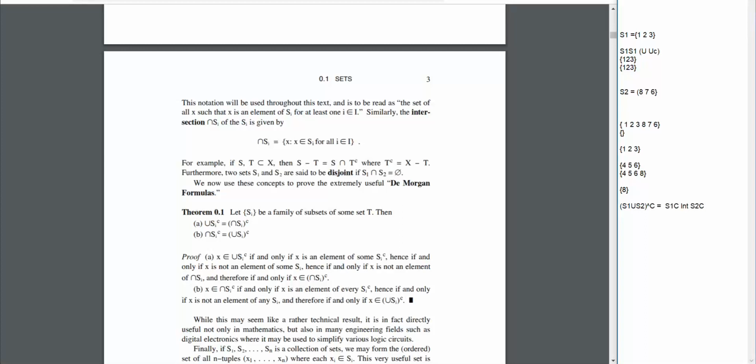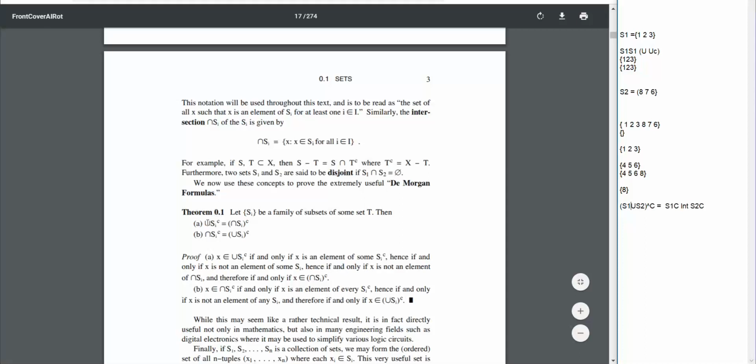You basically negate all of the elements within the sets. So you just go and distribute all of the complements. As you can see here, the union would become an intersection, and each of the elements would go to its complement. And then the intersection would be a union, and so on and so forth.